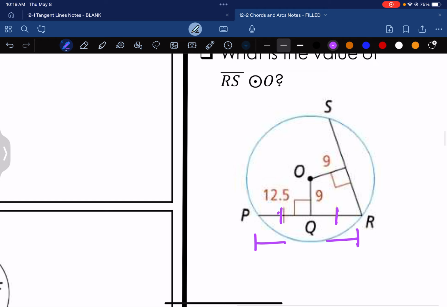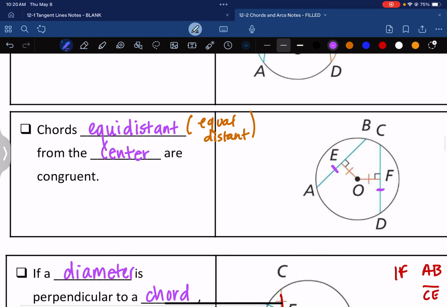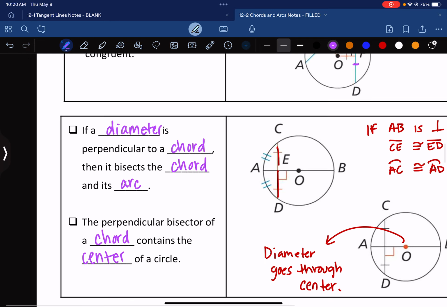So from here to here, that's going to be 25, okay? And look, from here to here, that's 9. From here to here, that's also 9. So that means this segment here is congruent to this segment here. So from here to here, that is 25. All right. That was equidistant.